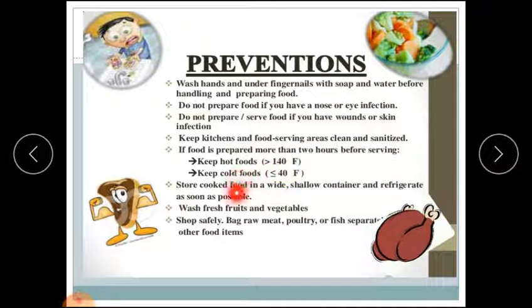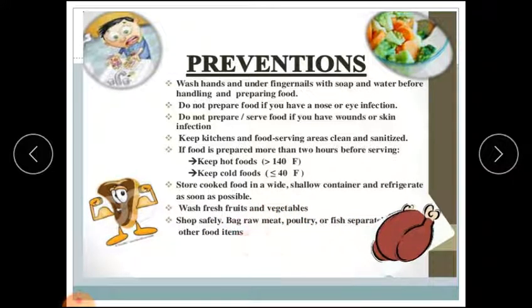Or if you are eating late, then keep that food in your fridge or refrigerator. Store cooked food in a wide shallow container and refrigerate as soon as possible. Wash fresh fruits and vegetables. Shop safely. Bag raw meat, poultry or fish separately from other food items.